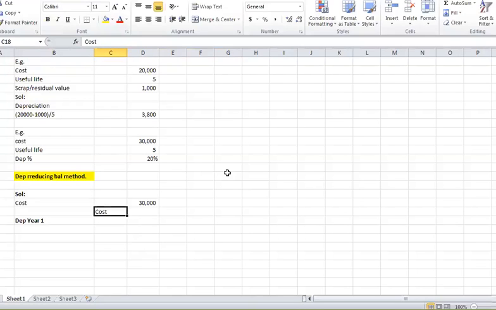So now, depreciation in year number 1. Cost of this asset is £30,000 minus accumulated depreciation. Until now, we have not charged any depreciation. So, cost minus accumulated depreciation multiplied by 20%, which is the rate of depreciation.